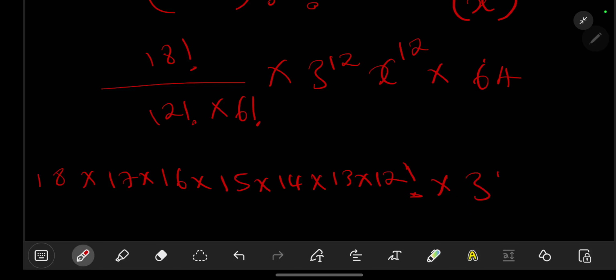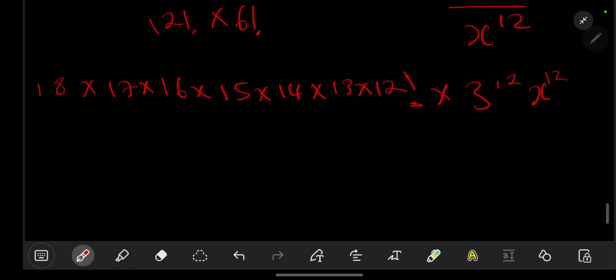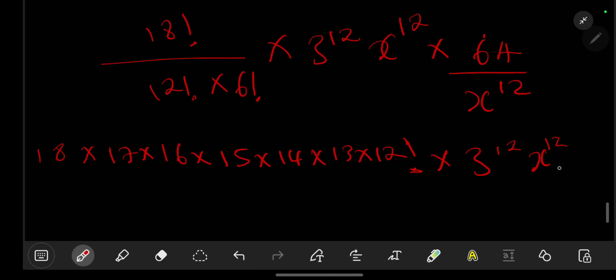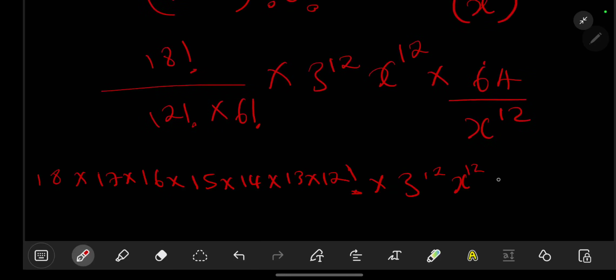Then we have times 3 to the power of 12, x to the power 12. What are we forgetting down here? 2 times 6, that will be 12 like that. So we have this value times our 64 over our x to the power 12. So we cancel this, we cancel this.